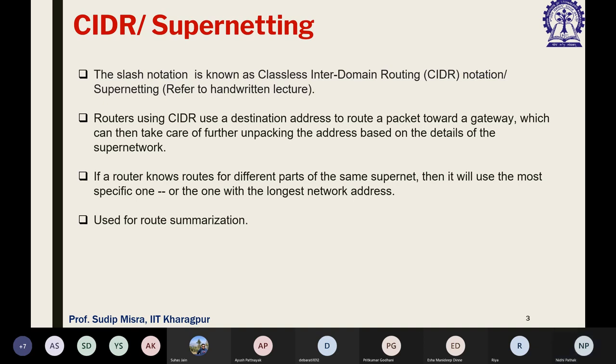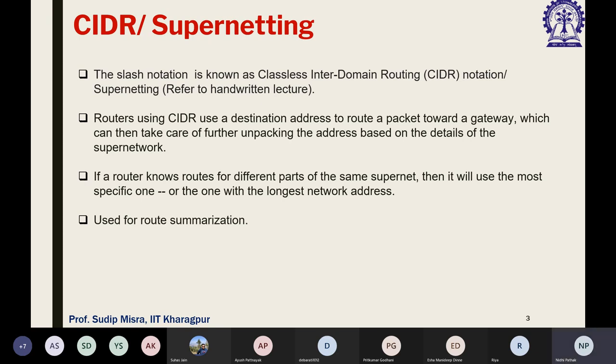Now, if you are talking about a big network, the number of entries in that routing table is going to grow accordingly, depending on the number of networks to which it is going to connect. In order to contain the size of the routing table, what you can do is something called aggregation.